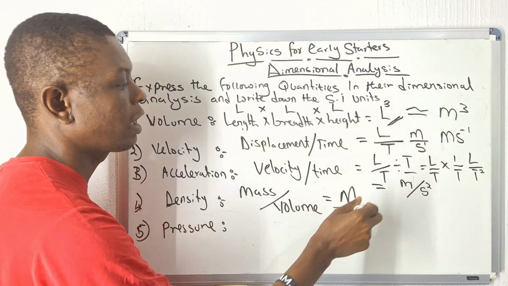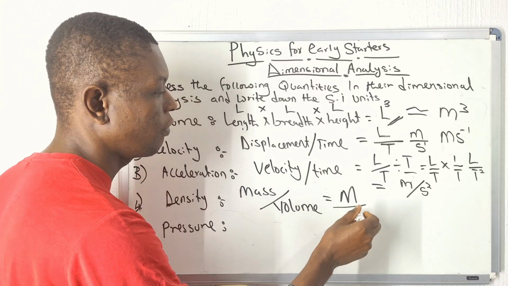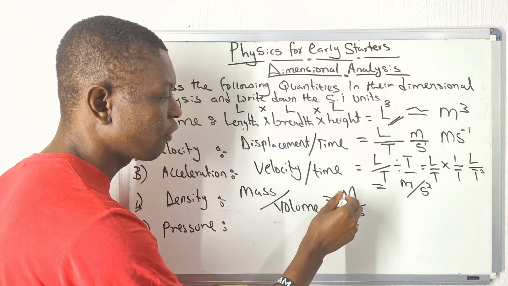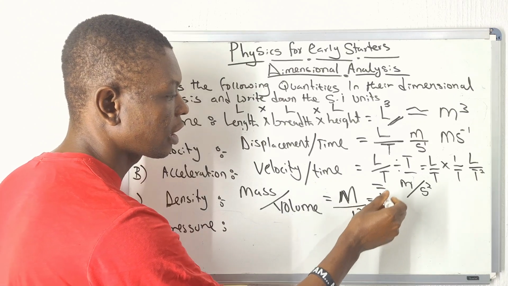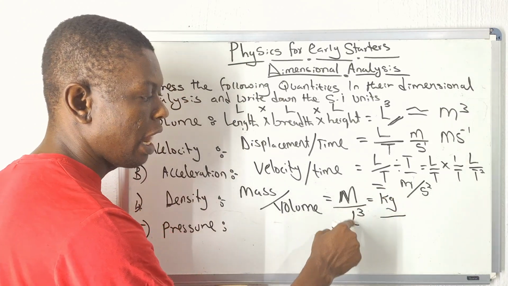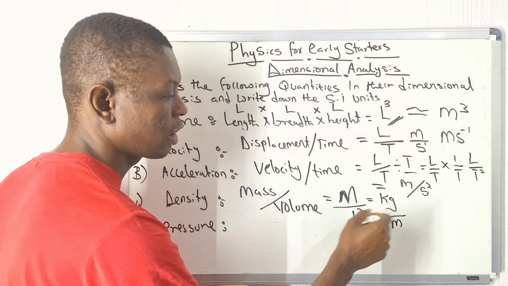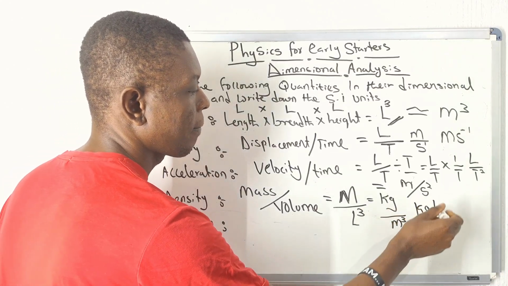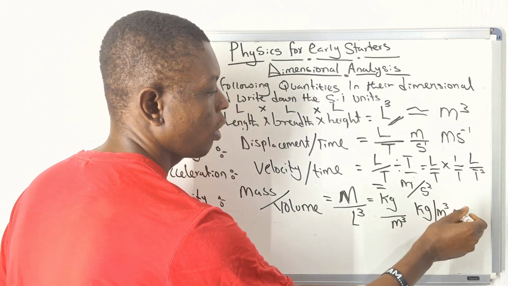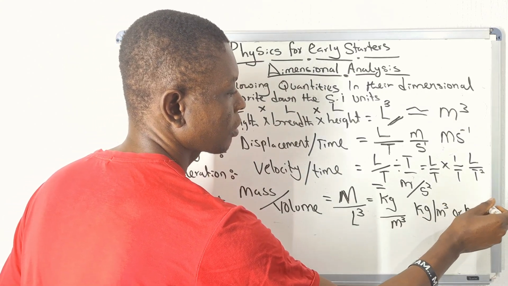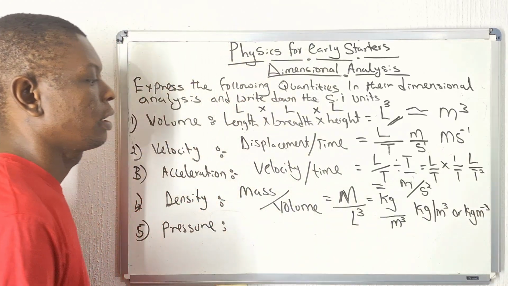We said volume is L cubed. So this will be capital letter M over L cubed. Now the unit for mass is kilogram, and the unit for length is meter. Since this is cubed, this becomes kilogram per meter cube, or kilogram meter to the power minus 3.